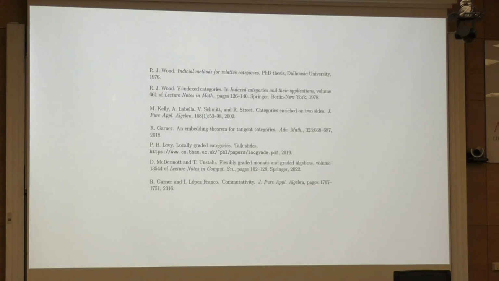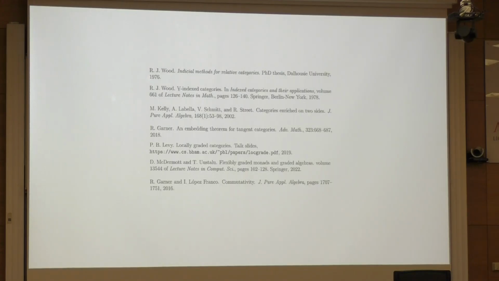Other questions, comments? Please. How do your bigraded categories compare to the categories enriched on two sides? Excellent question. So I mentioned a reference to that paper, the Kelly, Labella, Schmidt, and Street paper, categories enriched on two sides. In there, first of all, they study what they call pro-categories enriched on two sides. Pro-categories is their term for V-graded categories, but in fact they look at pro-categories enriched on two sides.